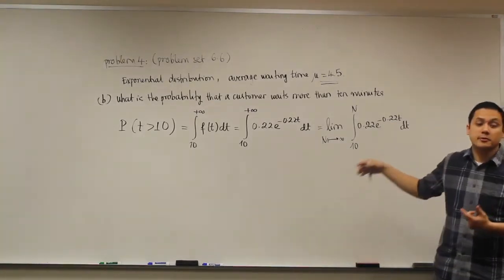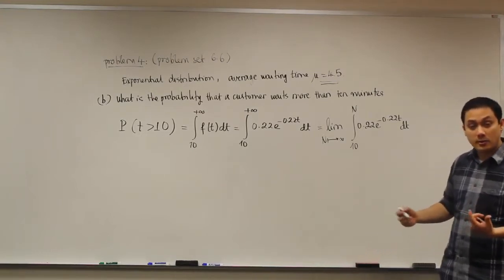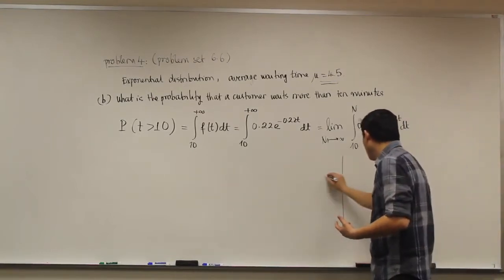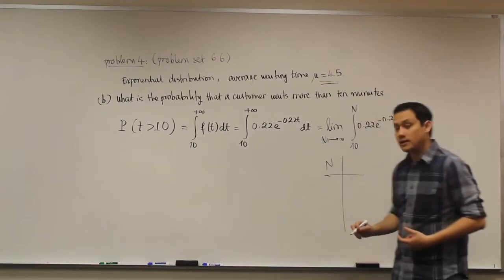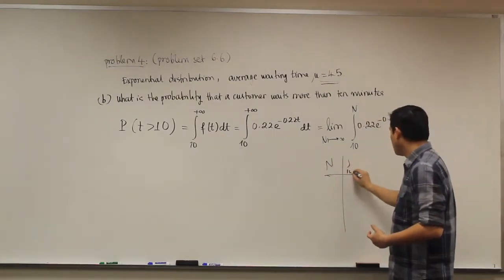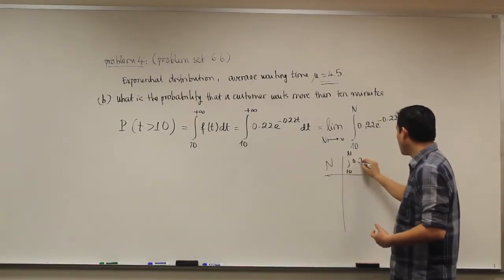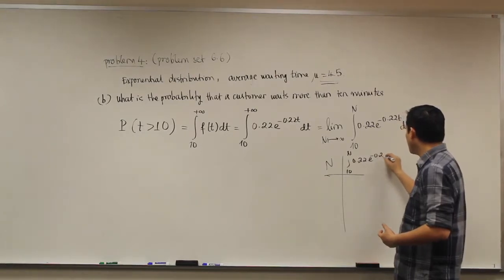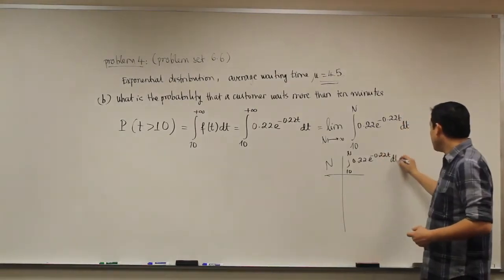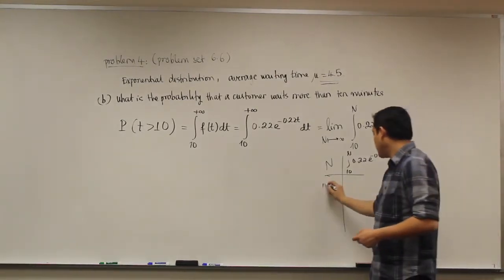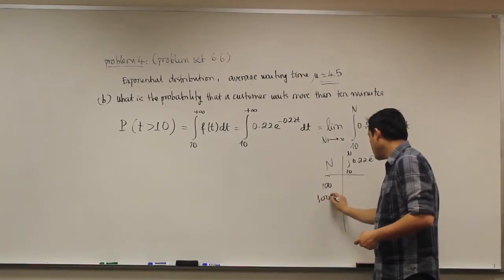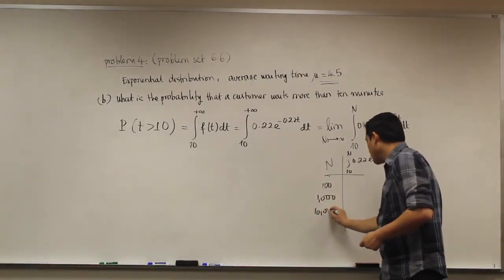Let's try to do numerical estimation in this case. So I'm going to make a table, and this is n, and this is the integral from 10 to n of 0.22 times e to the minus 0.22t dt for n equal to 100, 1,000, and 10,000.